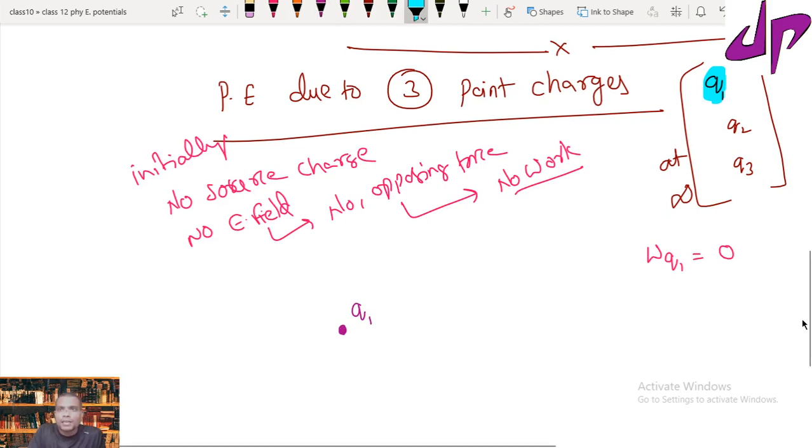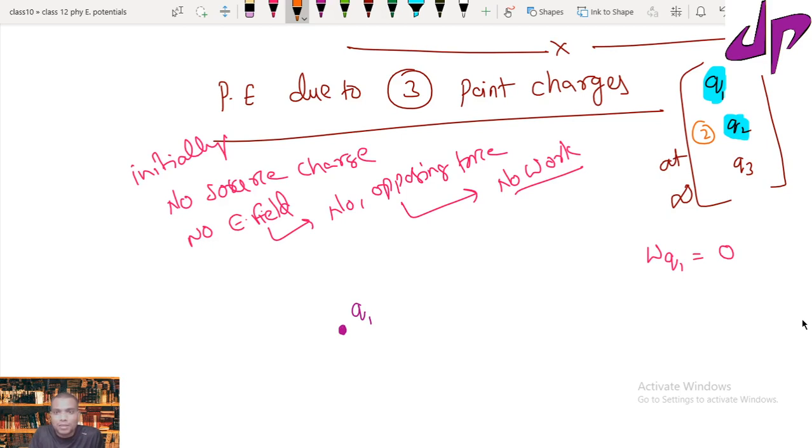Now I am bringing the second charge, q2. This time it is not easy, because already one charge q1 is there.